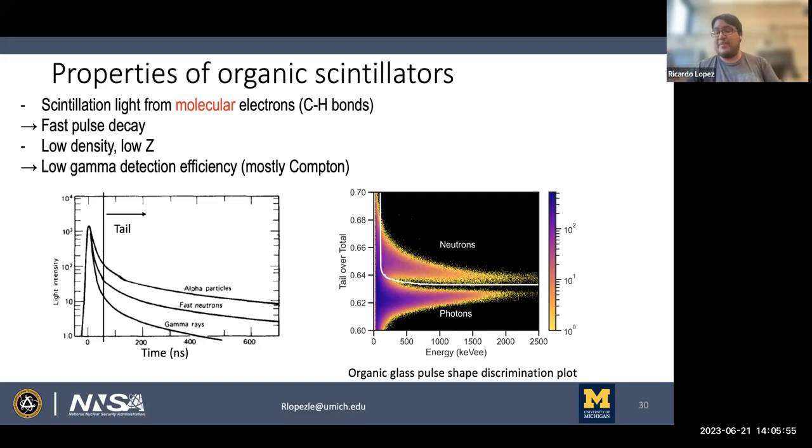Now the discrimination value is, I wouldn't say arbitrary. There's a very good reason why certain groups use the value that they do. However, the discrimination value chosen could be basically up to the user.